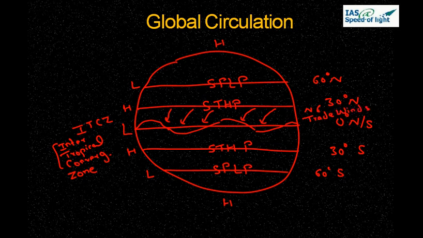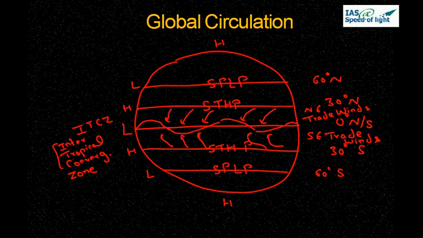Winds diverge from the high pressure, and then we have the intertropical convergence zone. They are northeast trade winds because their direction is from the northeast. Similarly, in the southern hemisphere, we have a mirror image of this, which is the southeast trade winds.